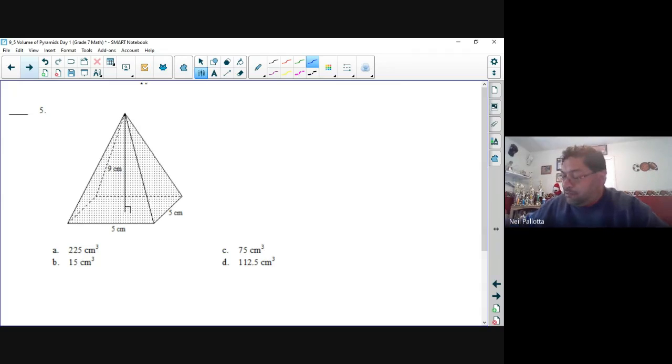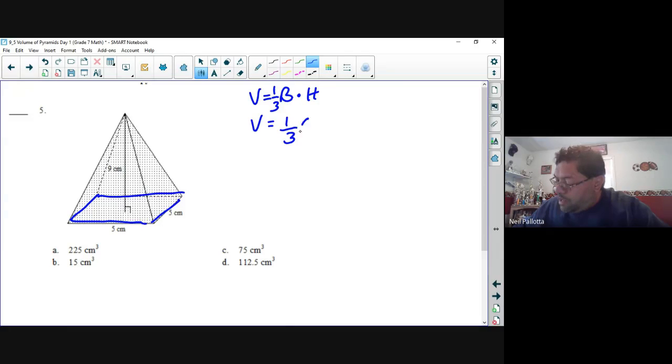All right, so let's look at this problem in steps. Volume is going to be 1/3 the base area times the height. Now, what's my base area? My base area here is this square here, right? So, oops, don't forget about the 1/3 we were just talking about. So it's going to be 1/3 that base area. Well, what's the base area? 5 times 5.